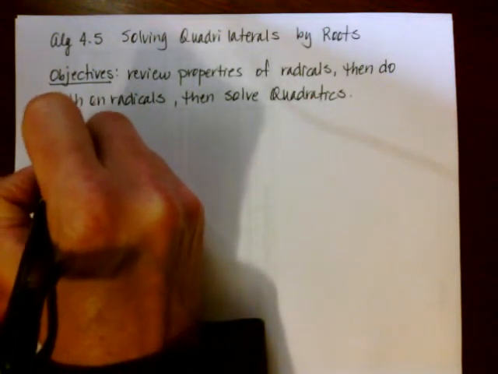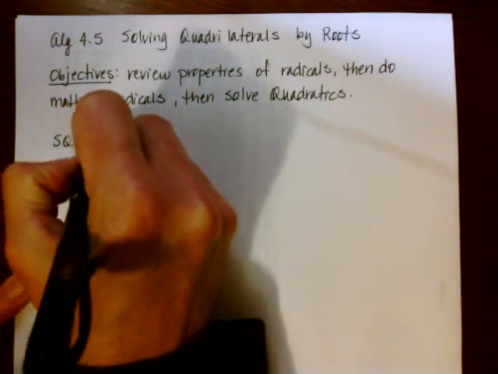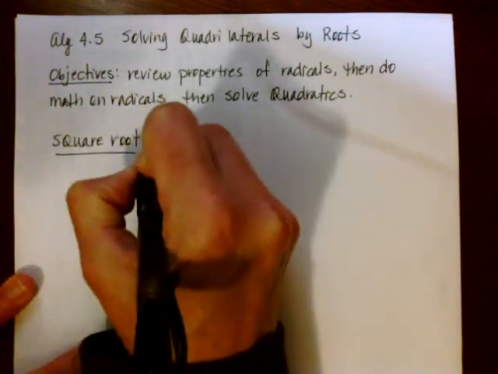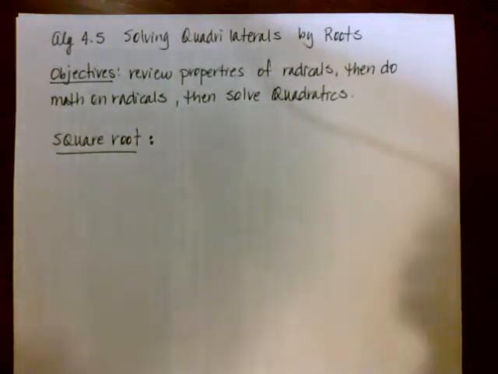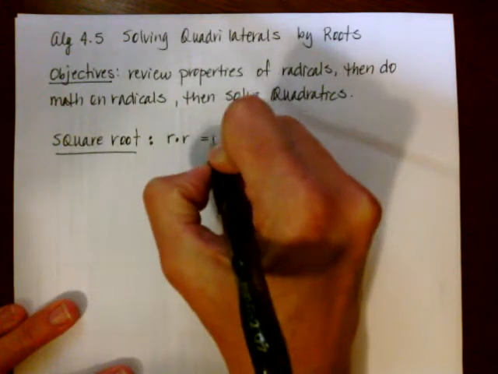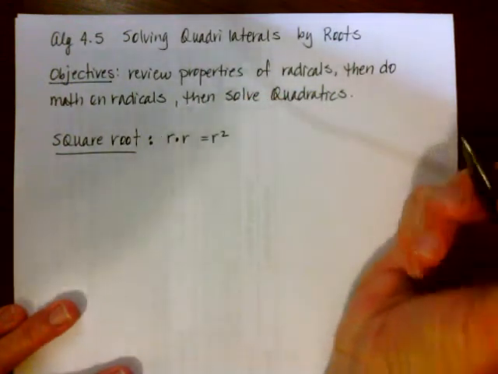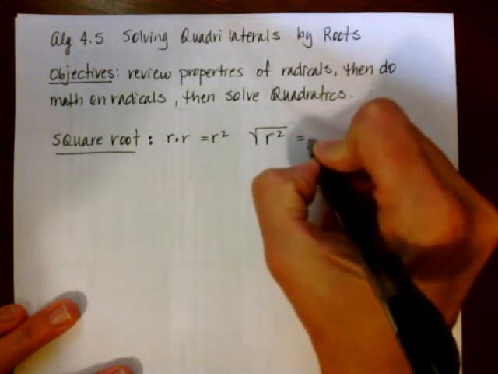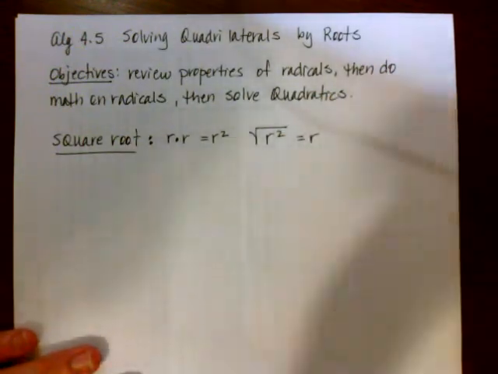So if I have a square root, we talked about this the other day in class, but if I have r times r, that gives me r squared. And if I take the square root of r squared, it gives me r.